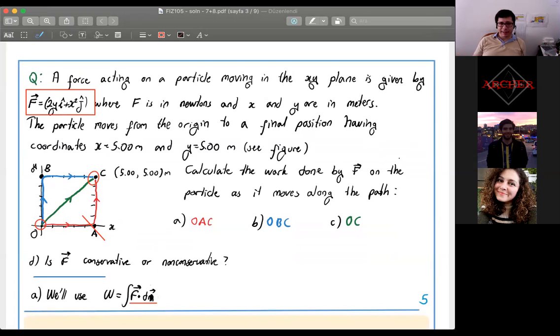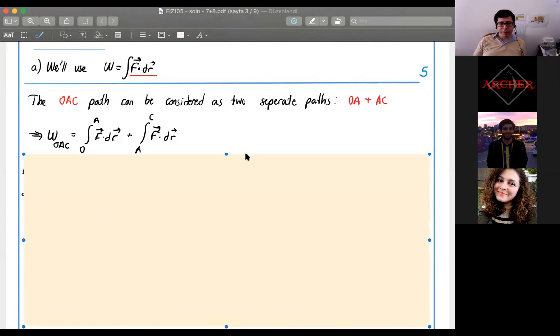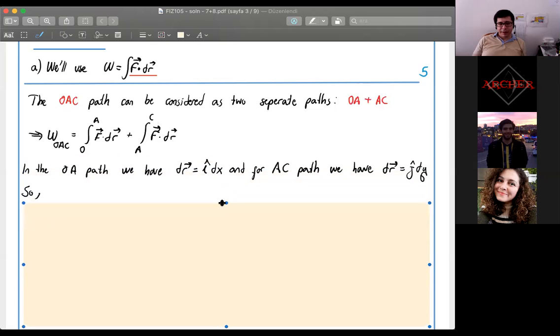So things are simpler. If you do otherwise, then it will be a more complicated integral. Here we go. This is how we split the integral: first from O to A, then A to C, and sum them. Just what I already said, these are the unit vectors in these two parts, okay?